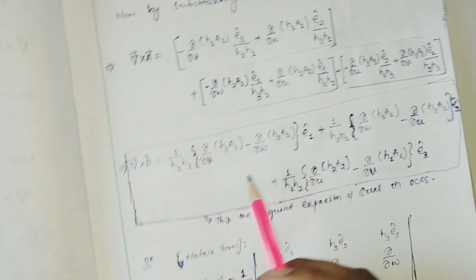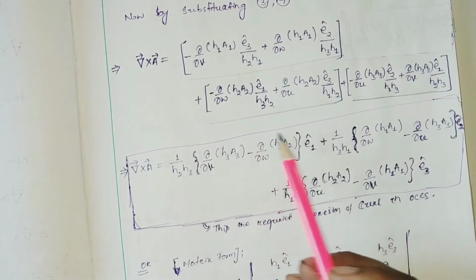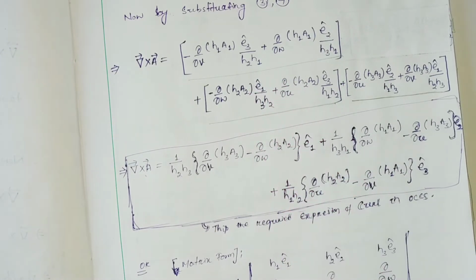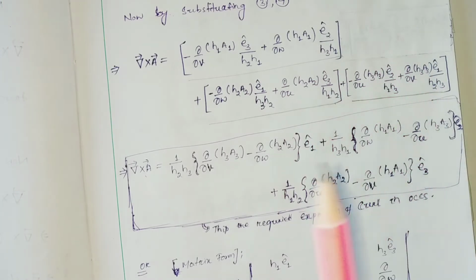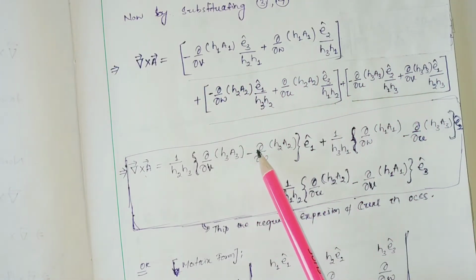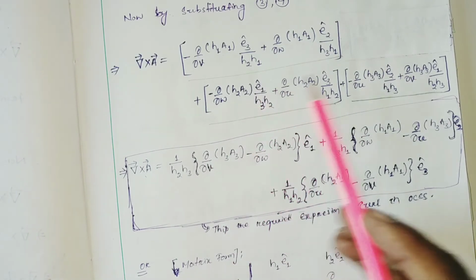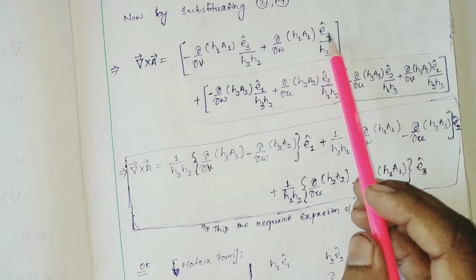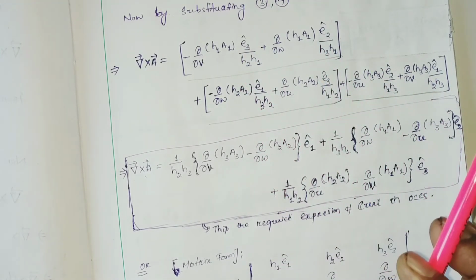Now del cross A will be, here you can see that among all the terms, 1 2 3 4 5 6 terms are there. We have to arrange the terms belonging to E1 cap, another E1 cap, E2 cap, E2 cap, E3 cap and E3 cap. So carefully you have to watch.